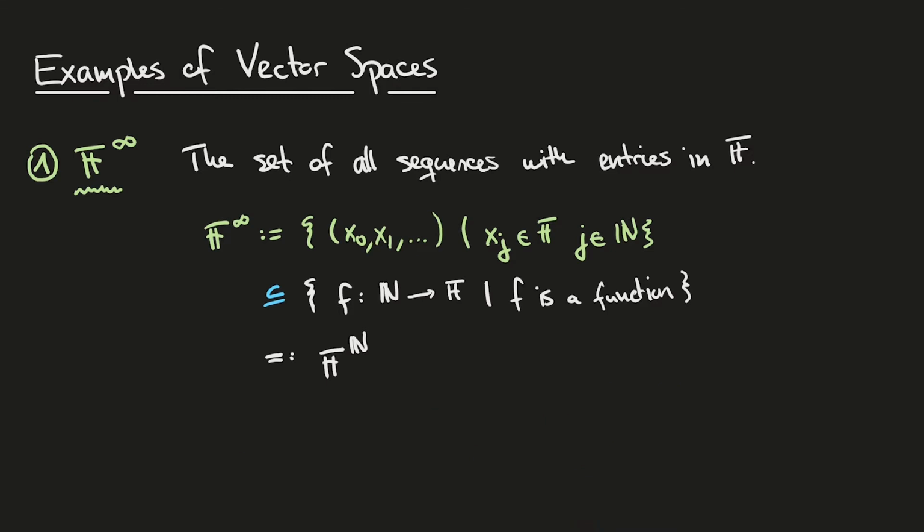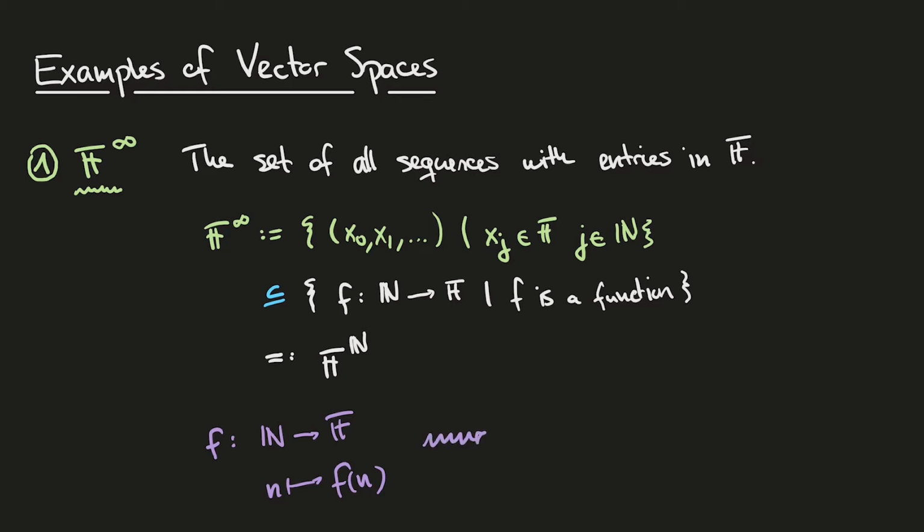Now, to prove the other direction, suppose we're given some function f which goes from the natural numbers N to our field F. This means that each natural number n is assigned a value f of n, which is an element of the field F. We can now get a sequence determined by this function as follows.